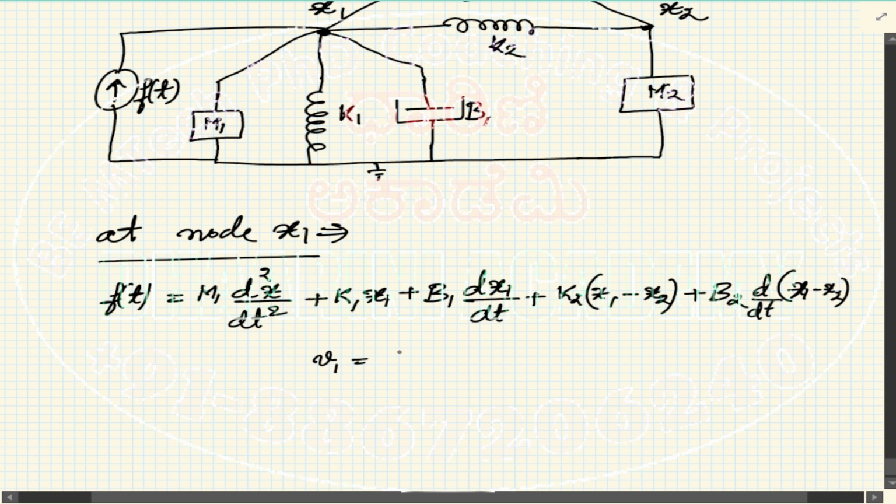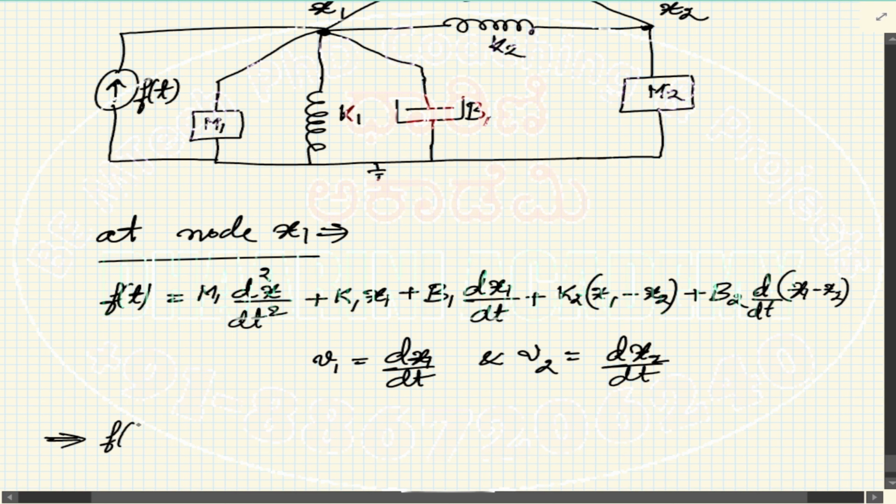So v1 is equal to dx1 by dt. And if you have a v2, that's dx2 by dt. That is velocity. So d square x of t by dt square becomes dv by dt. It's a rate of change of velocity.